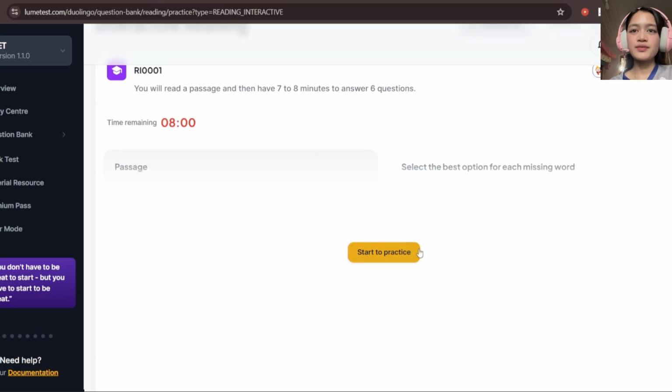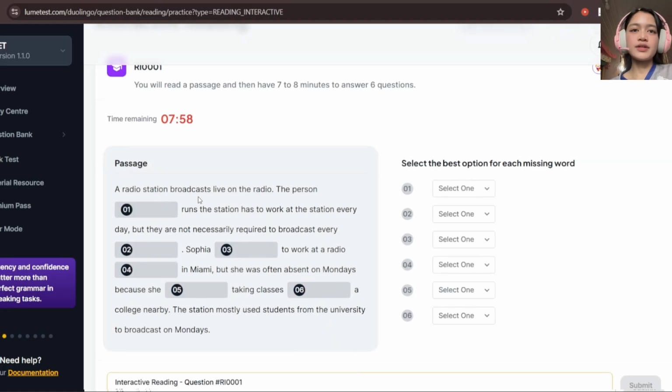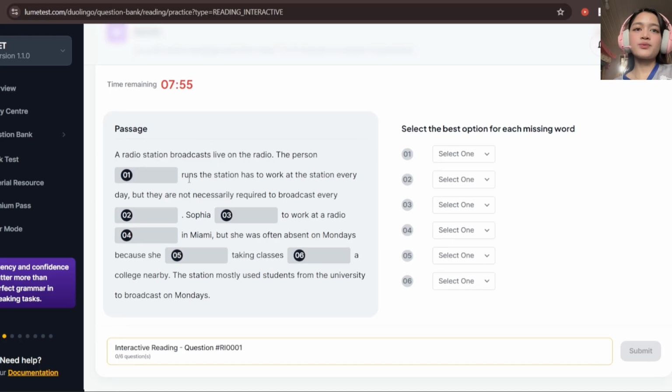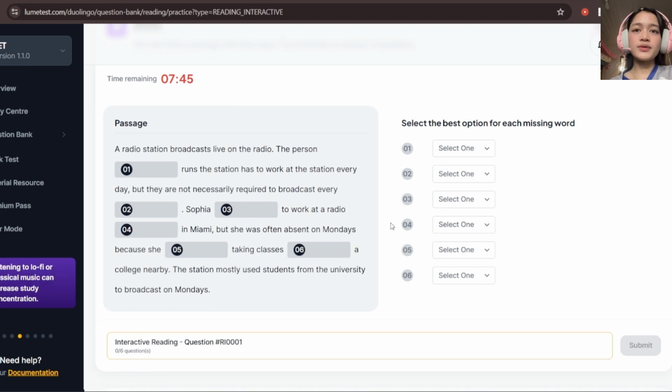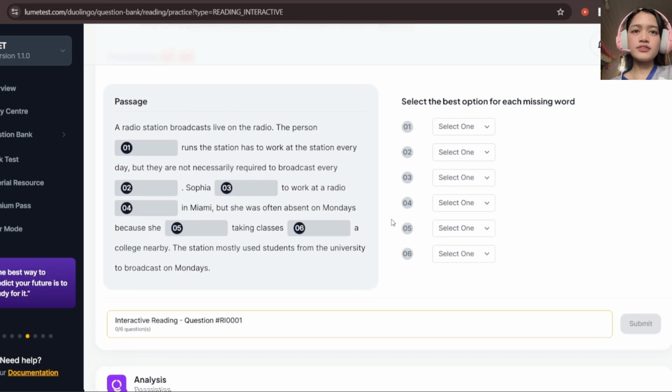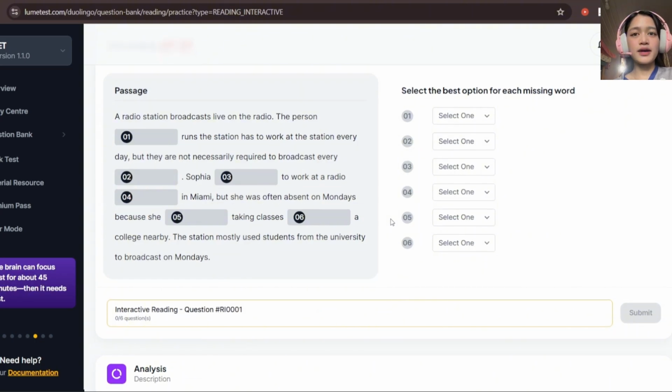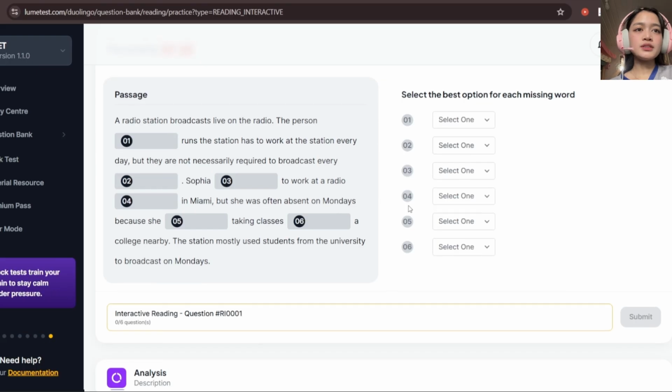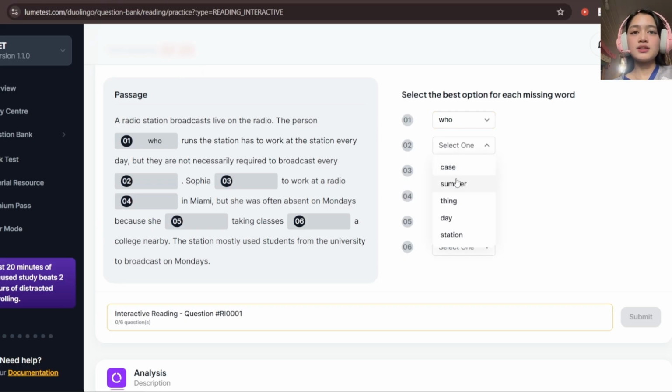A radio station's broadcast live on radio. The person who runs the station has to work at the station every day, but they are not necessarily required to broadcast every day.